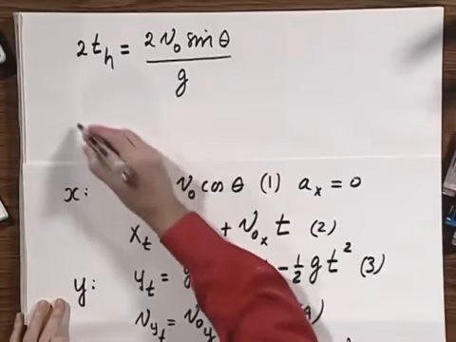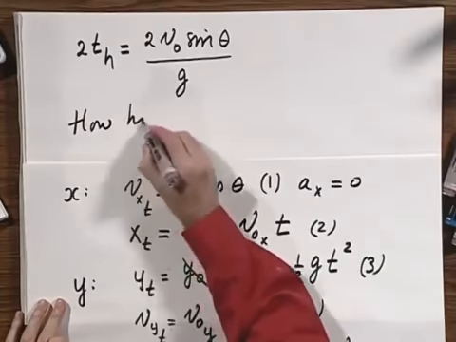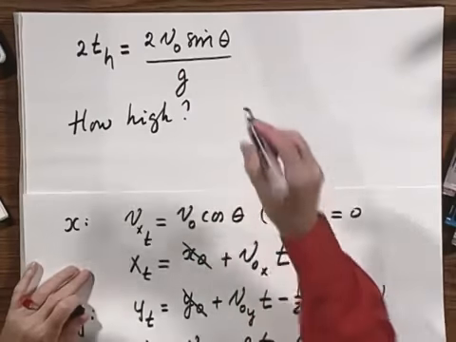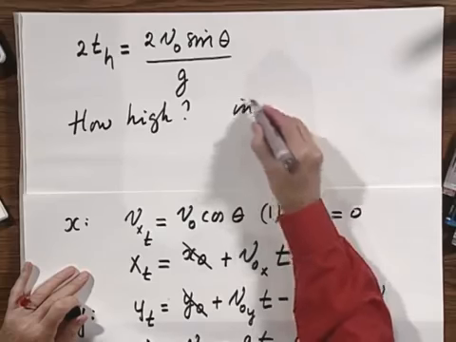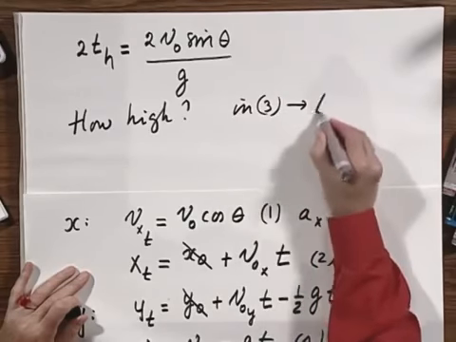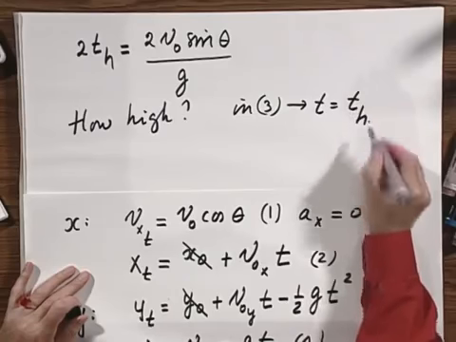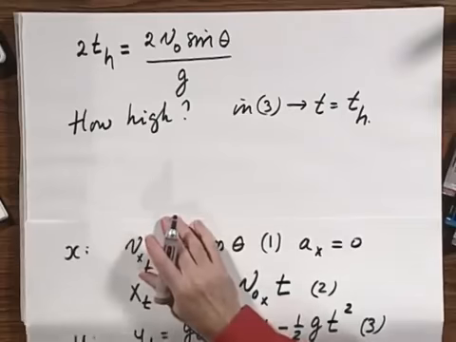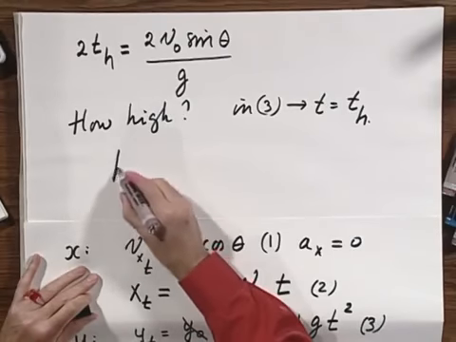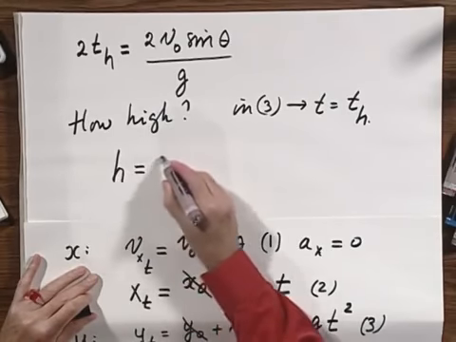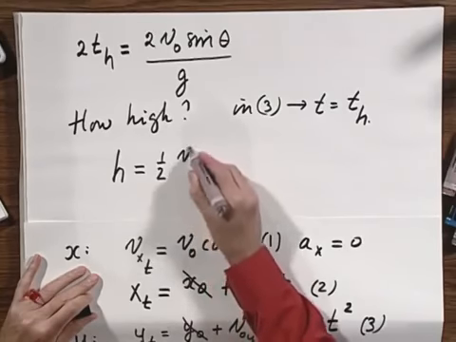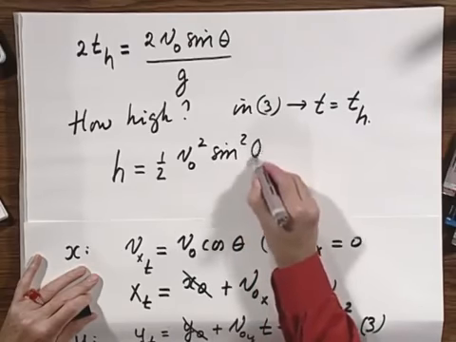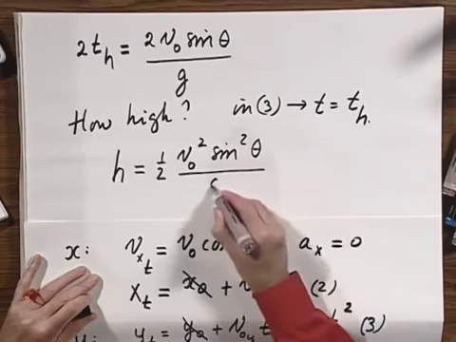Now, how high does the object go if we double v0? Well, I substitute in equation 3, I substitute t equals t of h. Because that's the time that it reaches the highest point. And when I do that, and you can do that for yourself, I find that the height that it reaches equals 1/2 v0 squared times the sine squared of theta divided by g.